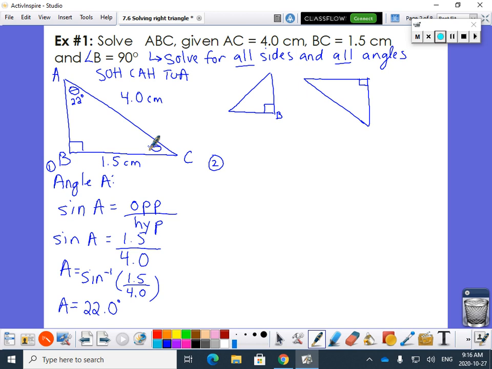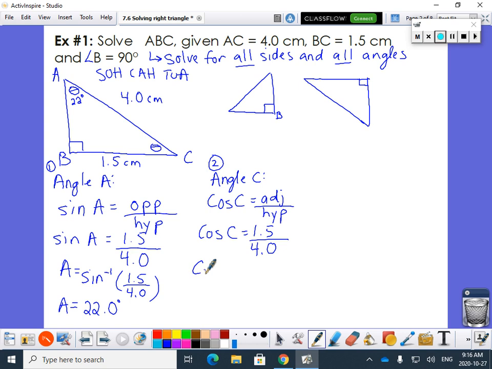So what trig ratio are we going to use? Cos. Good job. So you guys can write angle C. Cos, and again, you could have put theta here, but I'm going to put C because we have multiple unknowns that we're trying to figure out. And you guys told me it's adjacent over hypotenuse. Adjacent is 1.5, hypotenuse is 4.0.